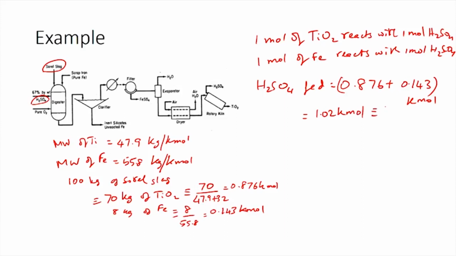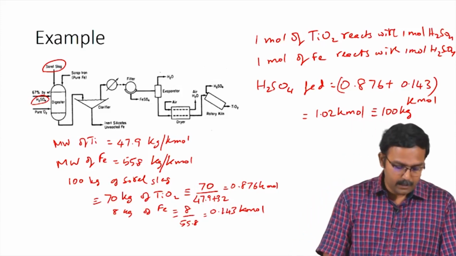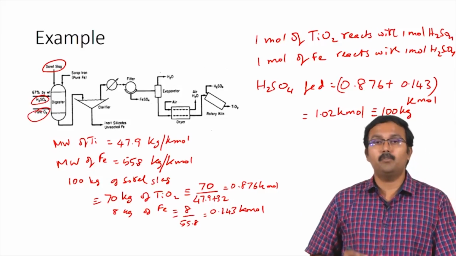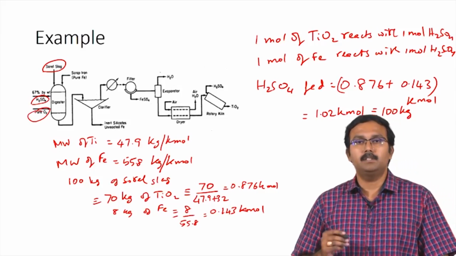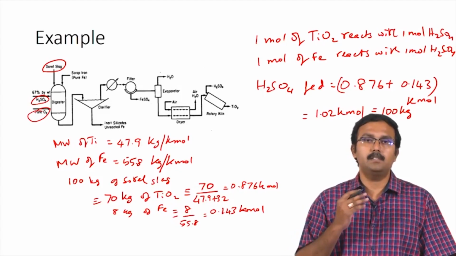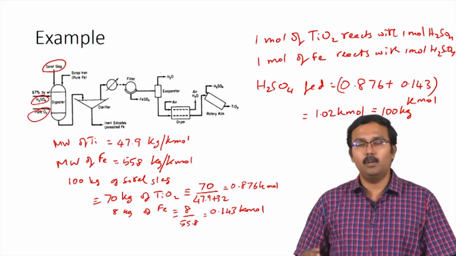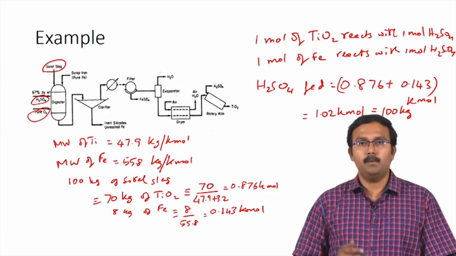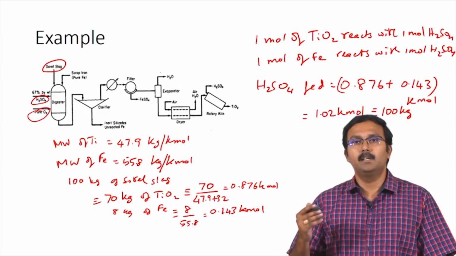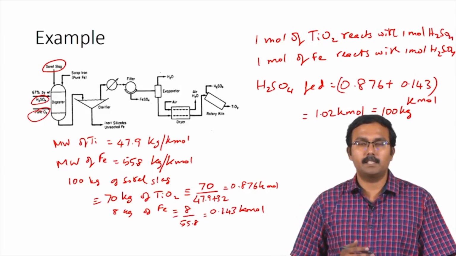This would weigh 100 kilograms. We also know that pure oxygen is fed, so we need to calculate how much. Pure oxygen is fed at the theoretical requirement of iron, which is fed through the sorrel slag. So, we know that 0.143 kilomoles of iron is fed, and 1 mole of iron reacts with half a mole of oxygen based on the stoichiometry of the reaction given.